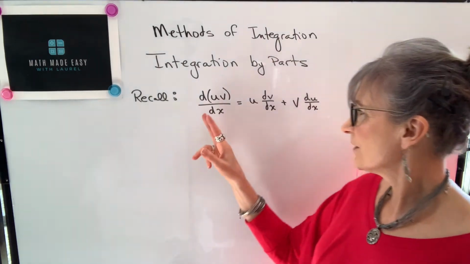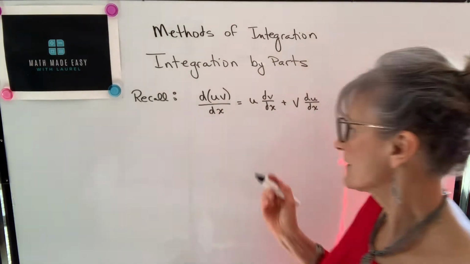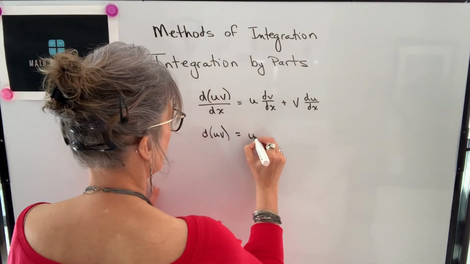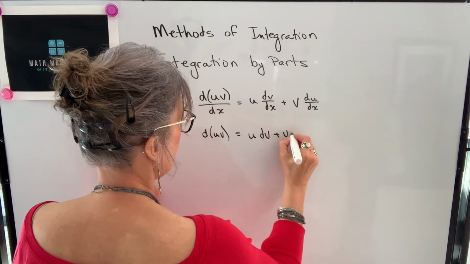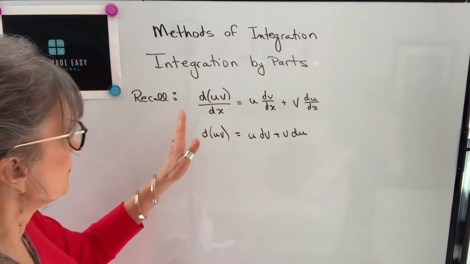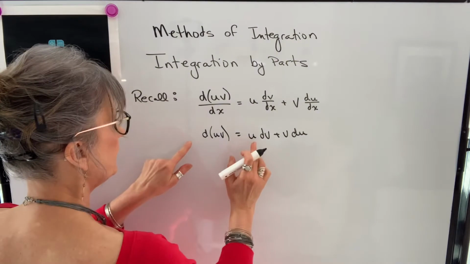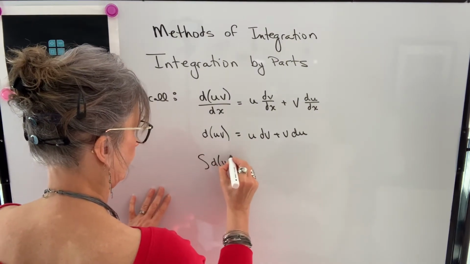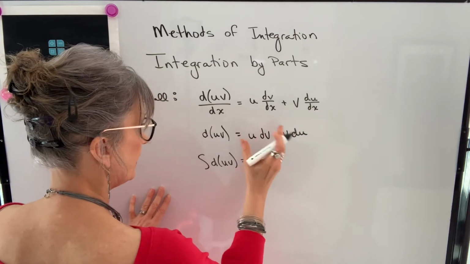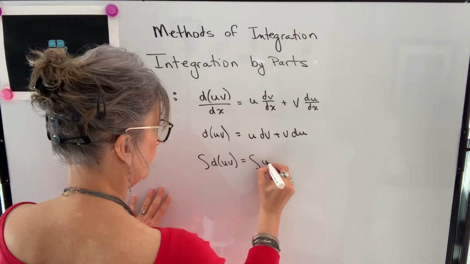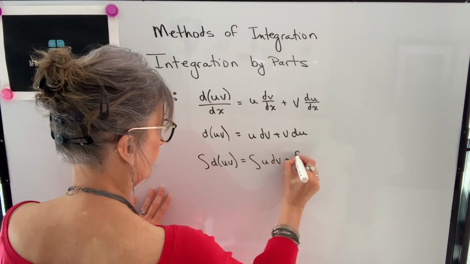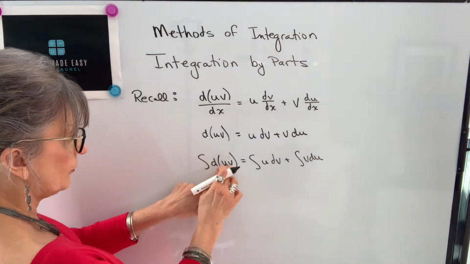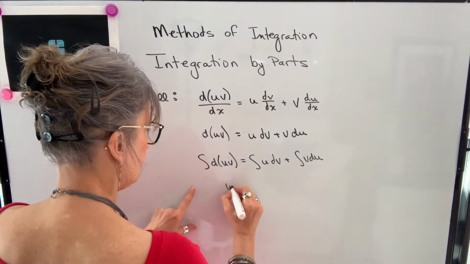In order to do that, my first step is multiply by dx. So then I'll have the differential of uv equals u times dv plus v times du. So I just multiplied through by dx. Then I'm going to integrate both sides. When I integrate this side, I'm going to integrate each term. Now the integral of a differential of uv is simply u times v.